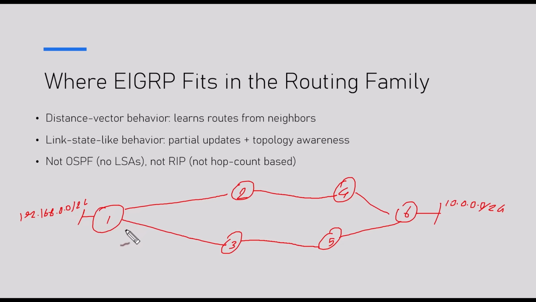Okay, I want to know how I can receive information from router 6 to router 1, and assuming that every router is connected to the other one and is adjacent with the other one using EIGRP, things happen like this. Router 6 knows all the connected networks about this, and it has it inside its topology table. Then router 6 and router 4 through hello messages know each other, and they can create an adjacency.